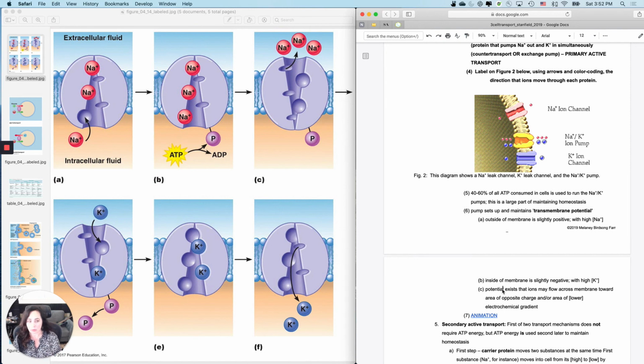And we will see how important it is in the next set of notes. If you didn't get how you got the charge, it's okay. We can probably talk about it in person, rebuild it for you in person, or I'm going to go through it in the next set of notes as well. Okay, so that is the sodium-potassium pump and primary active transport. Next, we will do secondary active.